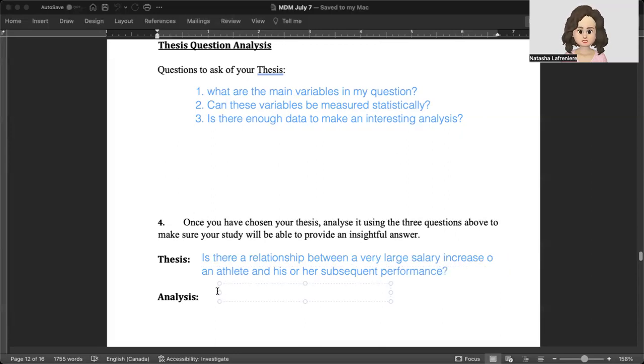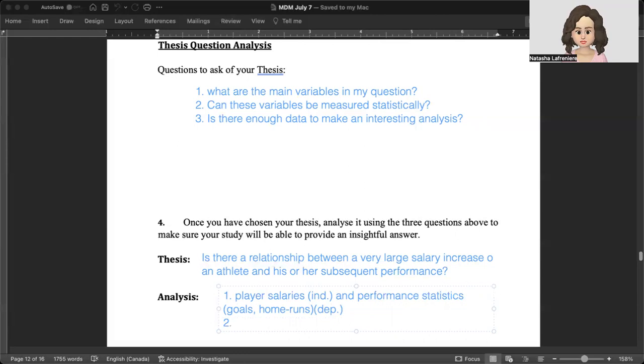Now, looking at your 3 questions above, so what are the main variables? So your main variables would be 1, your players' salaries, which is your independent, and performance statistics, so like goals or home runs, etc. And that is your dependent variable.